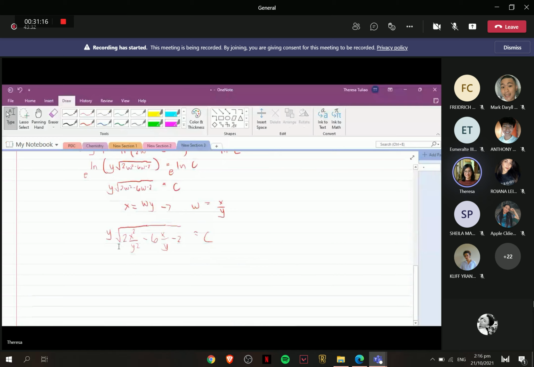So, test natin ang exactness ng differential equation na yan. So, ibig sabihin, magpa-partial differentiation tayo sa M at N. Okay? So, this is our M, and this is our N.